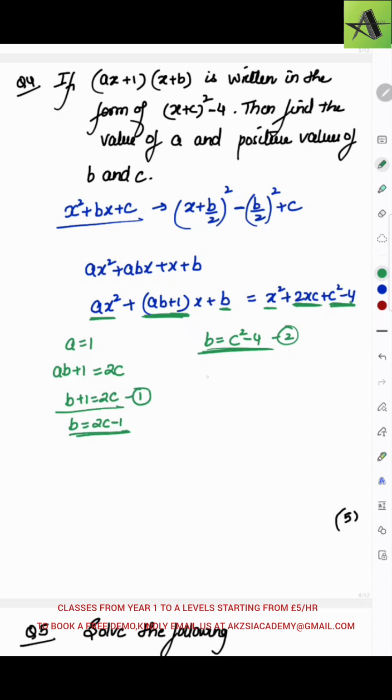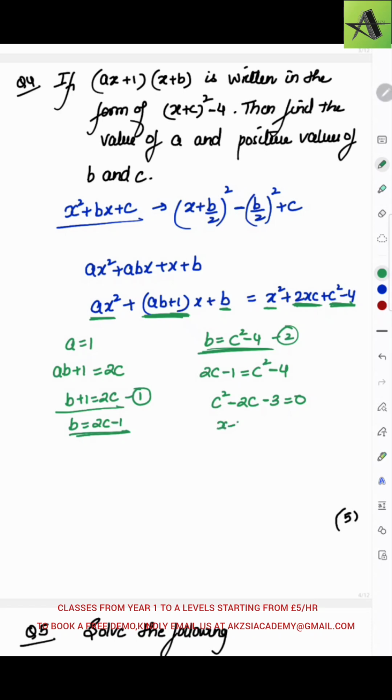Putting it here, 2c minus 1 is equal to c squared minus 4, or c squared minus 2c minus 3 is equal to 0. Now we can use the factorization method to get the value of c. Product is negative 3 and sum is negative 2. So the two numbers are negative 3 and positive 1.